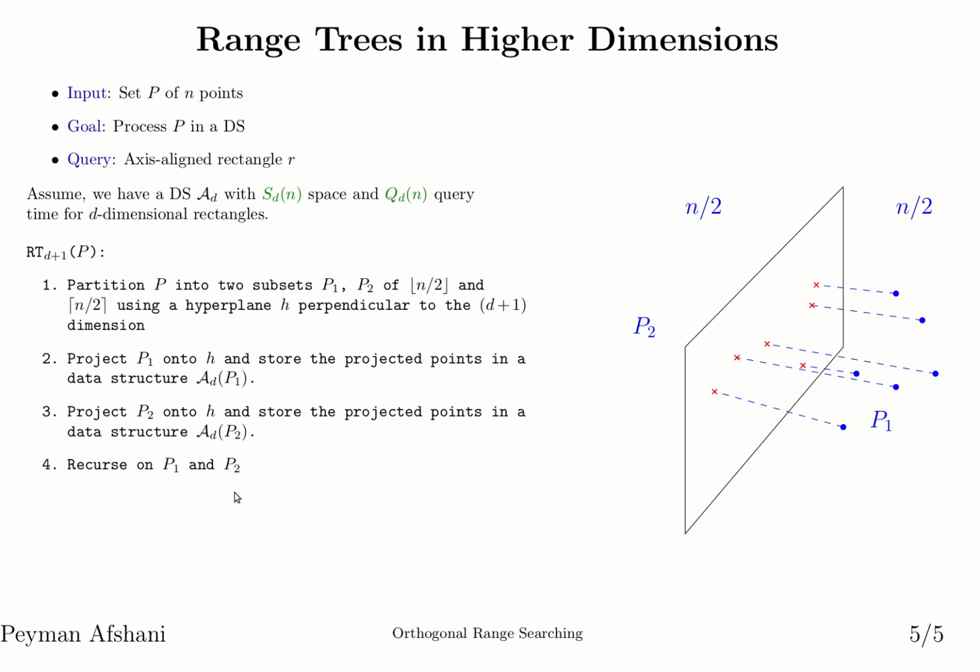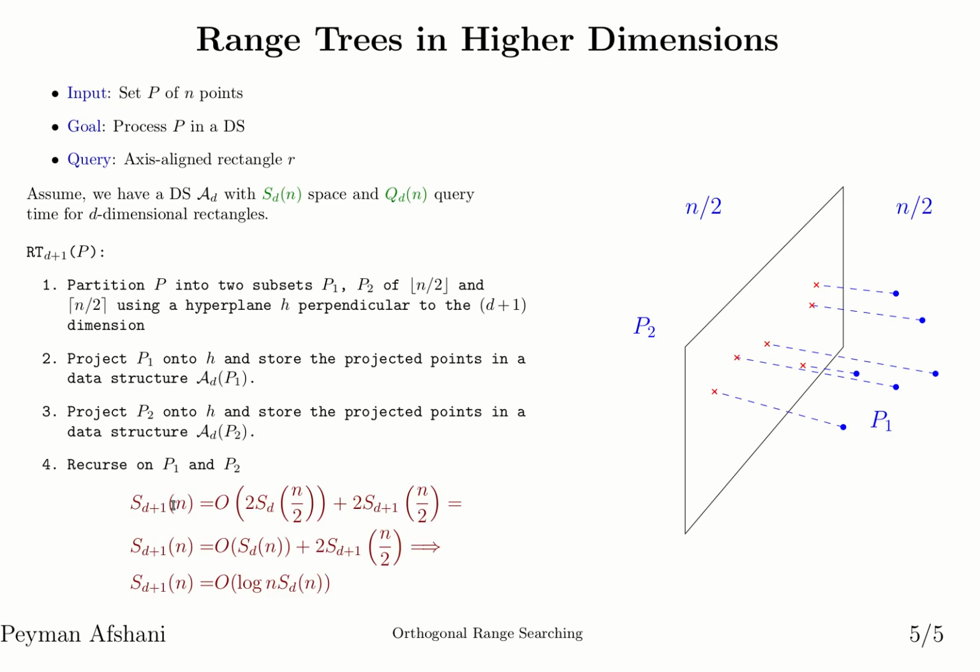Let's quickly look at the space analysis of this data structure. Imagine SD+1 of n is the space used by this data structure for a point set that has n points. Step 1 doesn't use any space. Let's look at step 2. For step 2, we project half of the points onto a d-dimensional space and then we store them in data structure AD that by assumption uses SD of n/2 space.